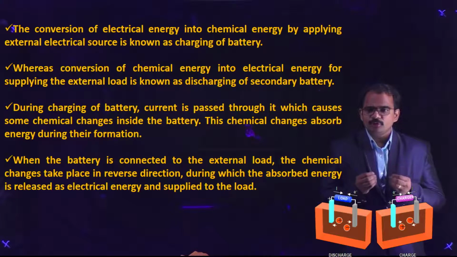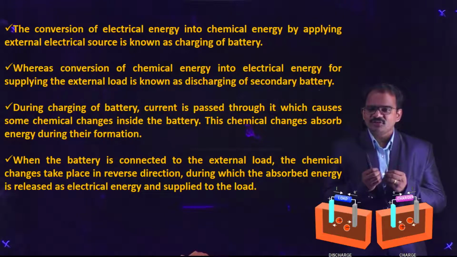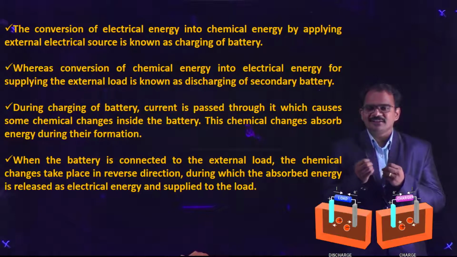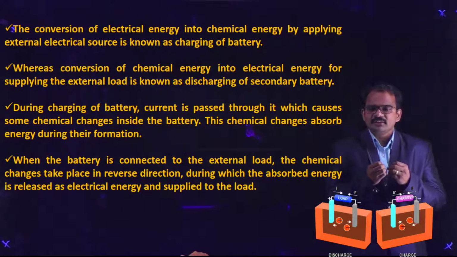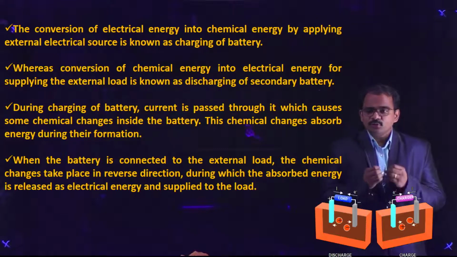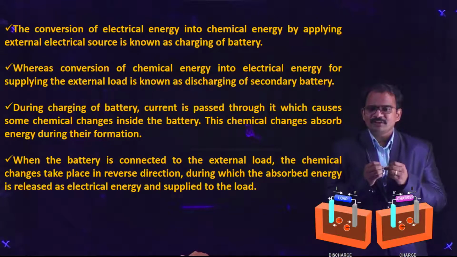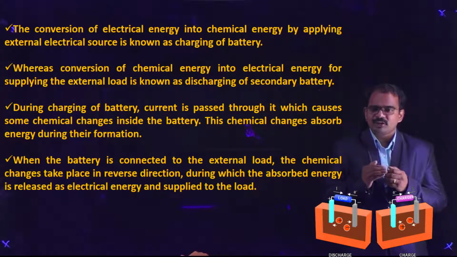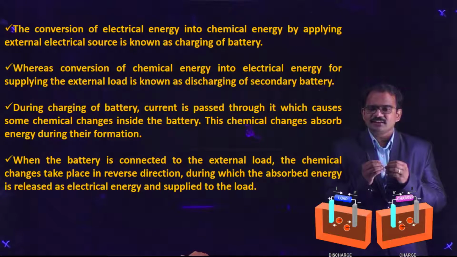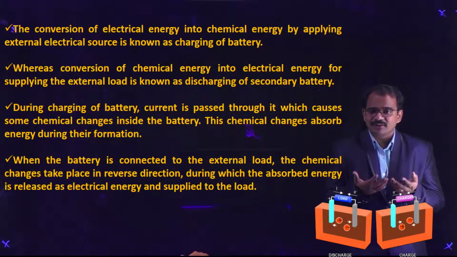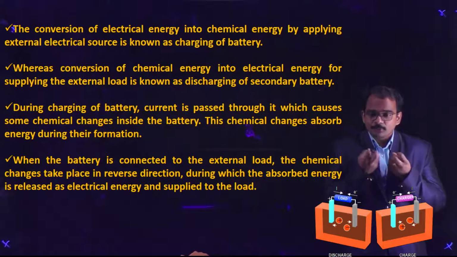As I already told you, during the charging process, the electrical energy is converted into chemical energy and gets stored inside a battery. The process of converting electrical energy into chemical energy in a battery is termed charging. During charging, we supply current to the battery, and because of the current flowing through it, the active materials inside the battery undergo certain chemical reactions, and this chemical reaction absorbs energy.